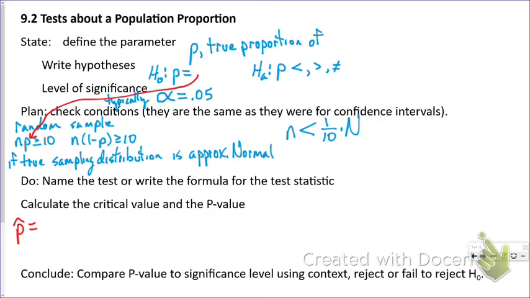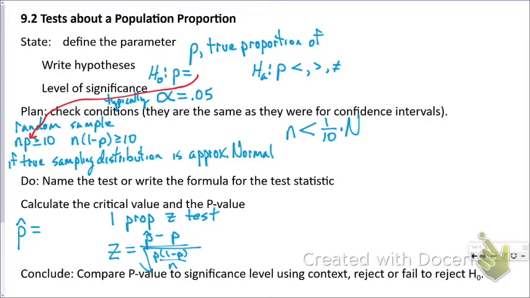For the do step, we're going to write down whatever p hat is. Should we make it all blue? That's bothering me. So we'll write down whatever the p hat is. We'll say it is a one prop z test. The formula, that's p hat minus p over the square root of p times 1 minus p over n.